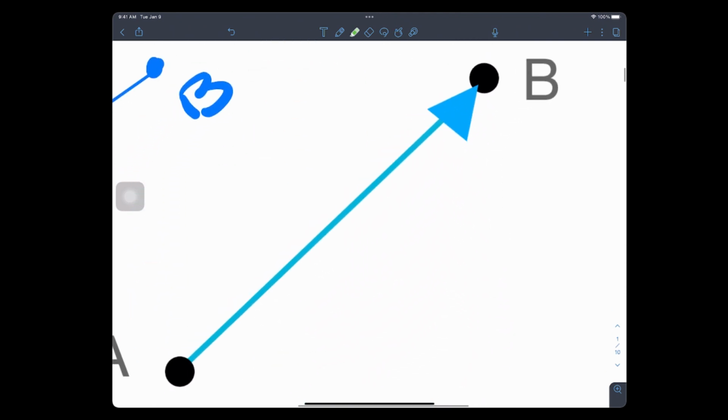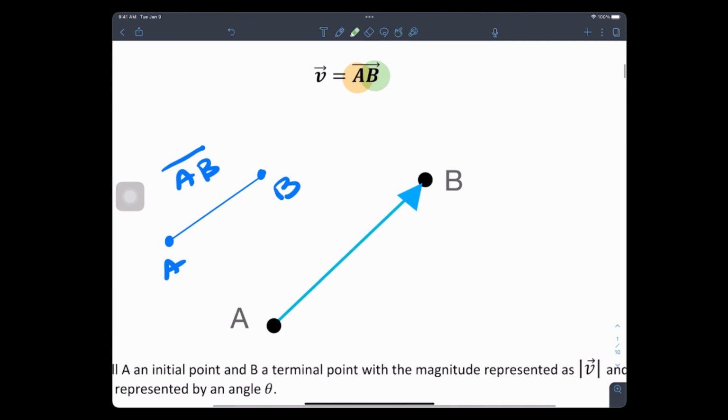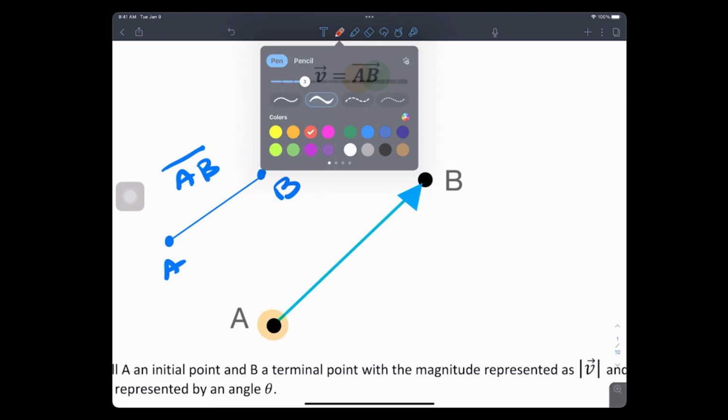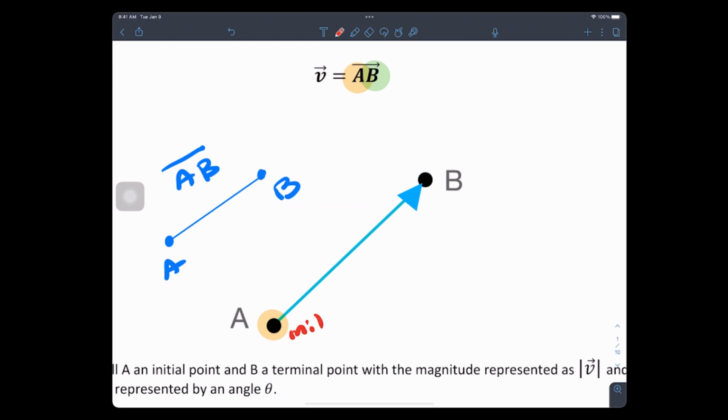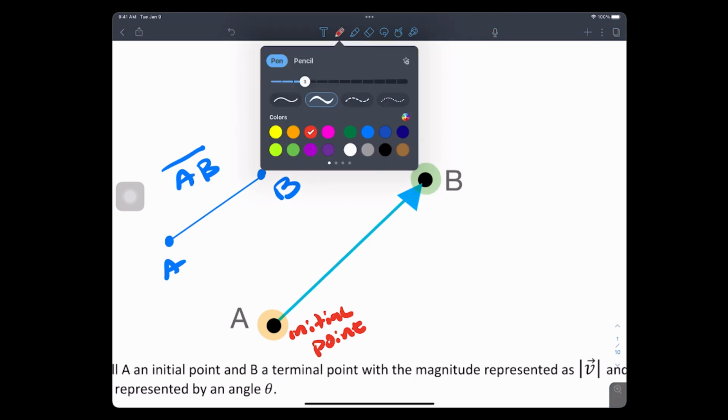So you say, well, why is that significant? Well, A is called an initial point. Remember, this isn't a plane. It's a point. So A is an initial point. B is a what?